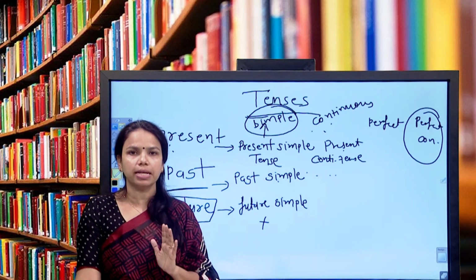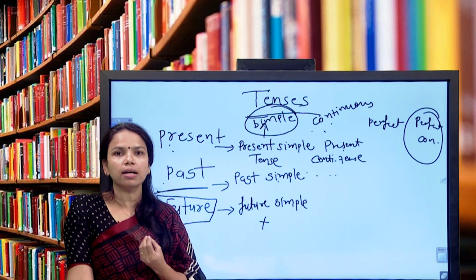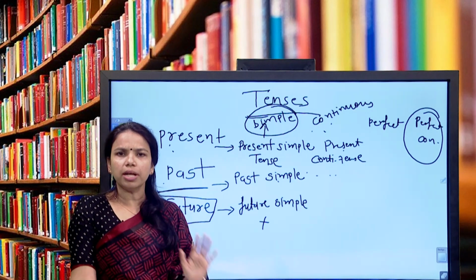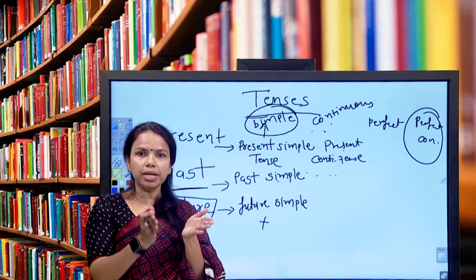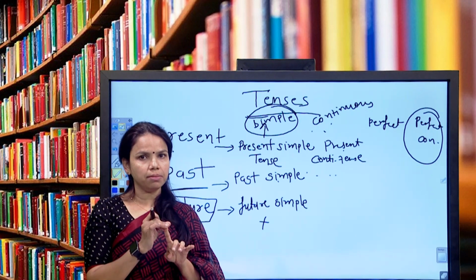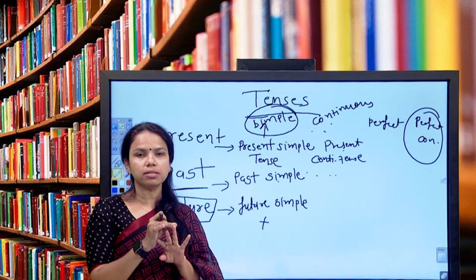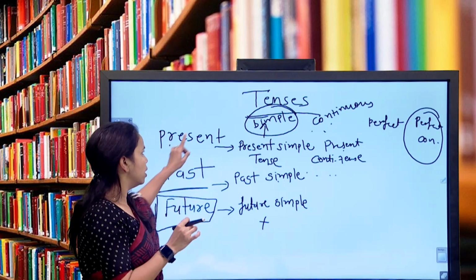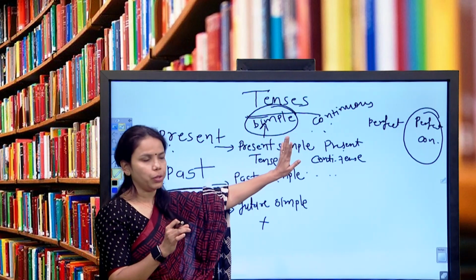In a simple sense, if anyone asks you how many tenses there are in English grammar, there are a total of 12 tenses, right? They are divided into 3 times and 4 aspects. What are the 3 times? Present time, past time and future time. And what are the aspects? Simple, continuous, perfect and perfect continuous, right?